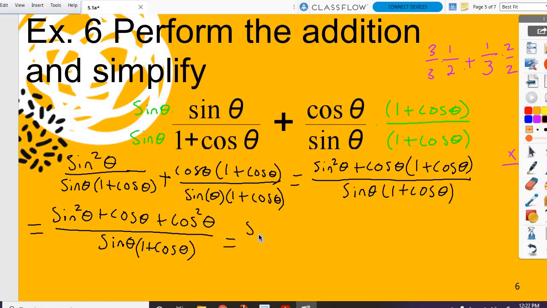So we would have sine squared of theta plus cosine squared of theta plus cosine. And now what does sine squared of theta plus cosine squared of theta equal? 1.